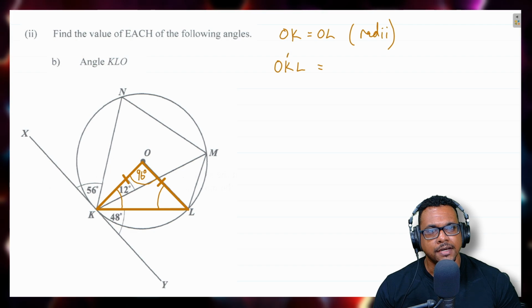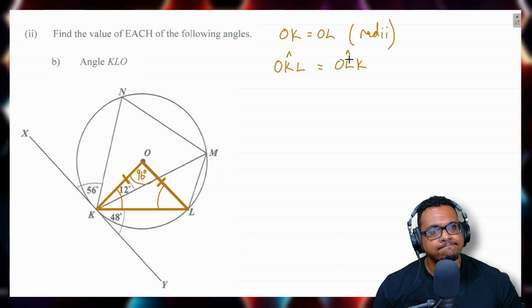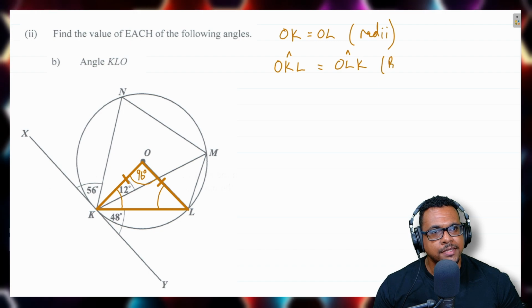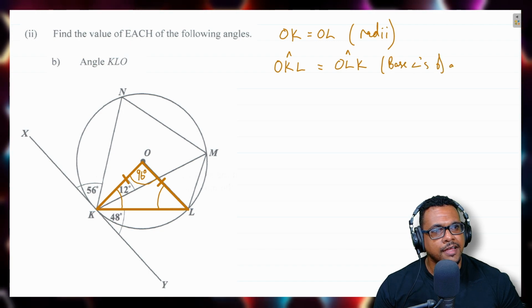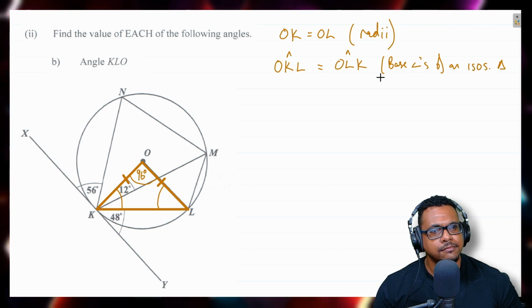And my reason, base angles of an isosceles triangle are equal.